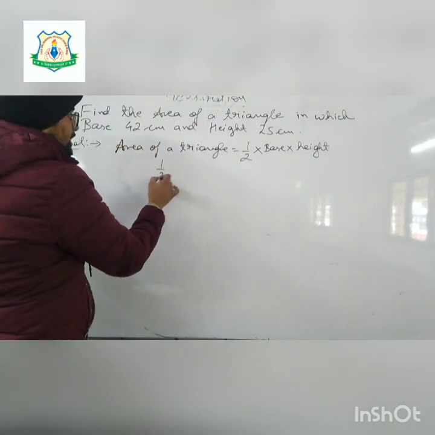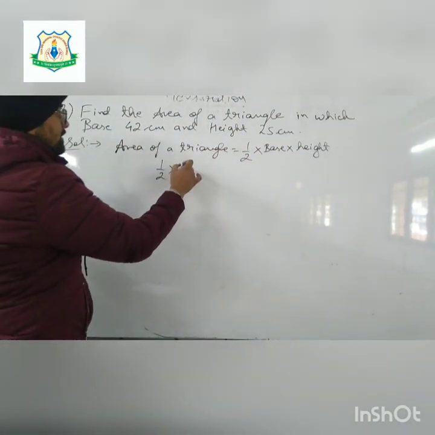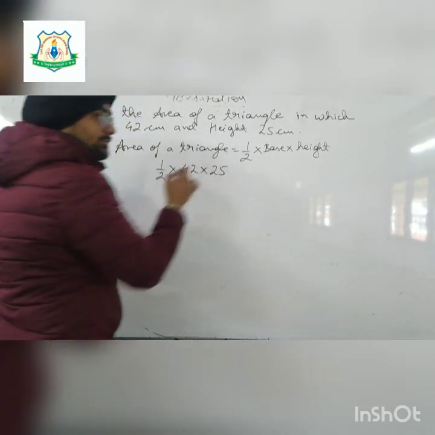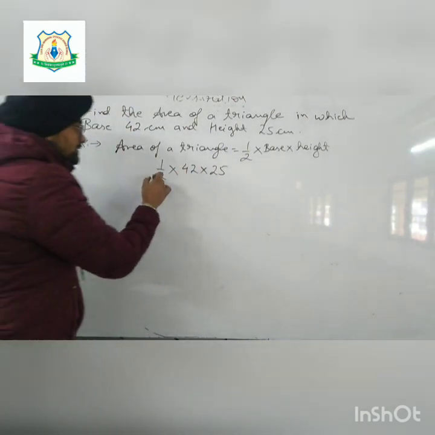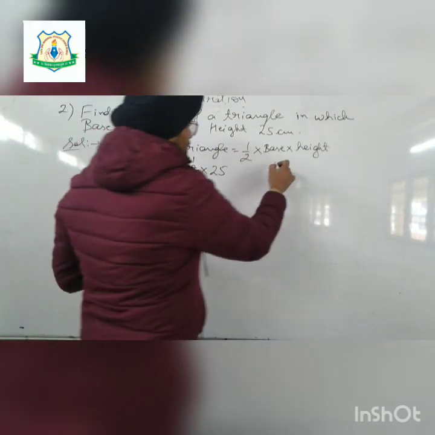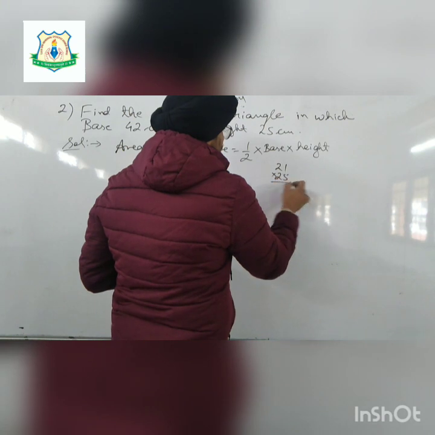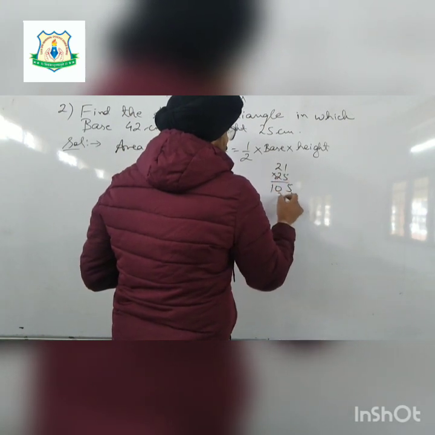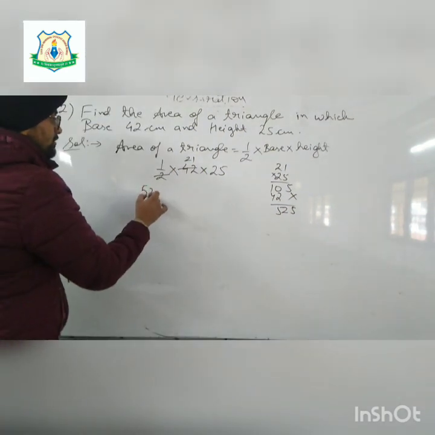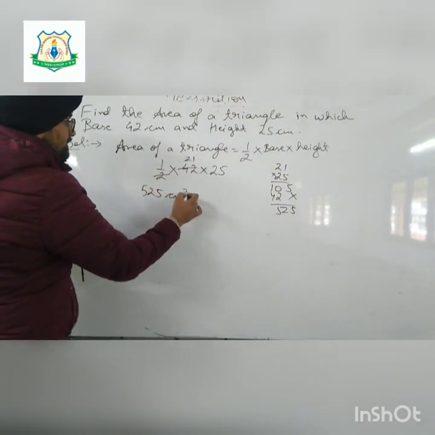So half into base, value of base is 42, value of height is 25. Now when you solve this, 2 2s are 4 and 2 1s are 2. So 21 now multiply by 25. It will come 525 centimeter square.